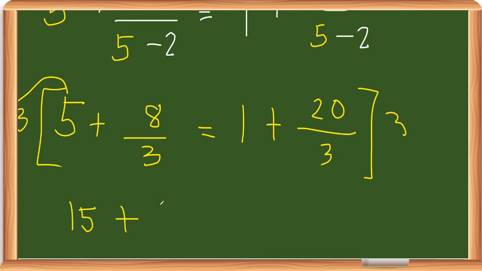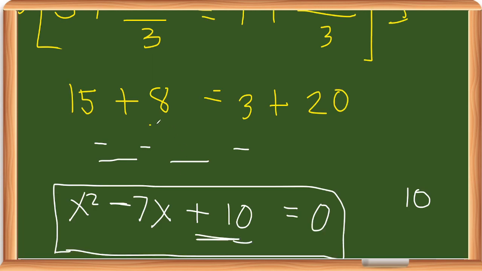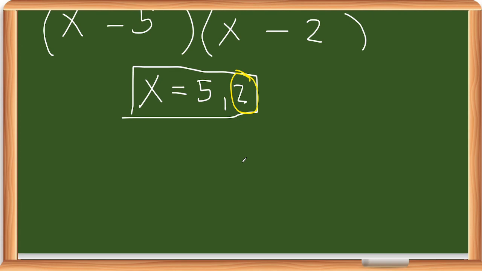So, that's plus 8. So, this is 23. How about this one? 3 times 1, that's 3. Plus, 3 times 20 over 3, may eliminate na natin yung 3, 20 na lang. Okay? So, this is 23. And this is also 23. So, that means, yung 5 lang ang tamang solution.